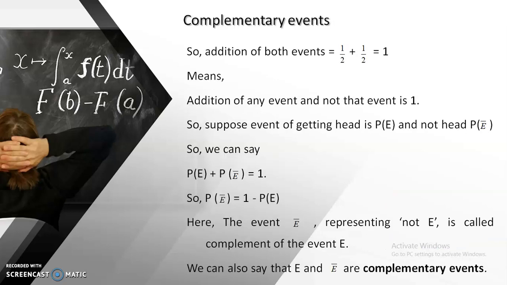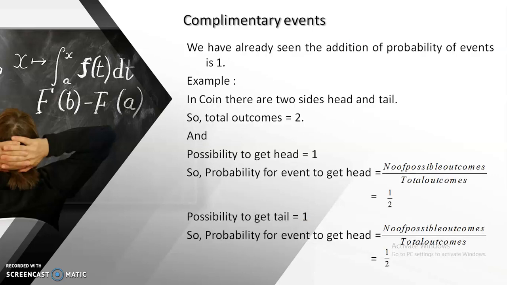Next is the addition of both events, head and tail. 1 by 2 plus 1 by 2 equals 1, which means the addition of any event and not that event is 1. Check it here. The answer for head is 1 by 2, and the answer for not head is also 1 by 2.